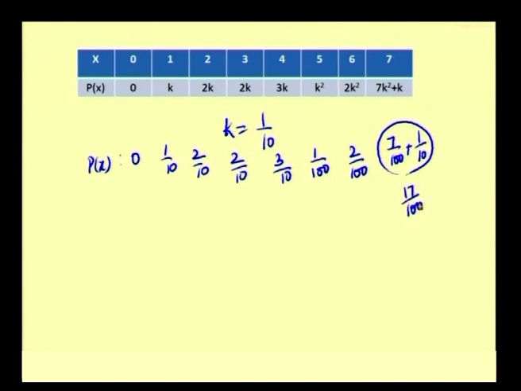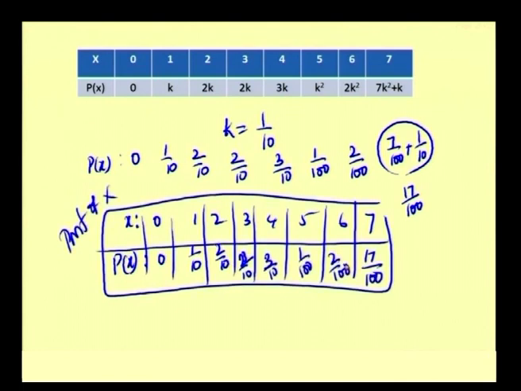Okay. So, writing this x as 0, 1, 2, 3, 4, 5, 6, 7 and writing the corresponding probability function 0, 1/10, 2/10 etc. up to 17/100 and putting it in a tabular column gives you the probability mass function of x.